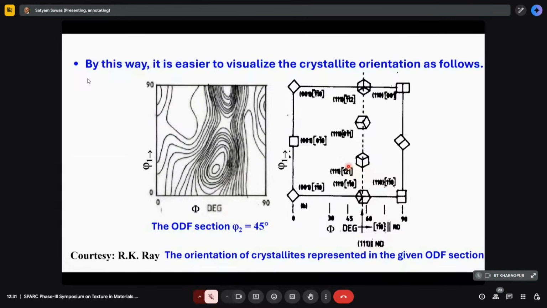And then once you know this, to correlate the crystal orientation with the properties of a polycrystalline material, you need this mathematical function. You cannot use each orientation in a discrete manner.